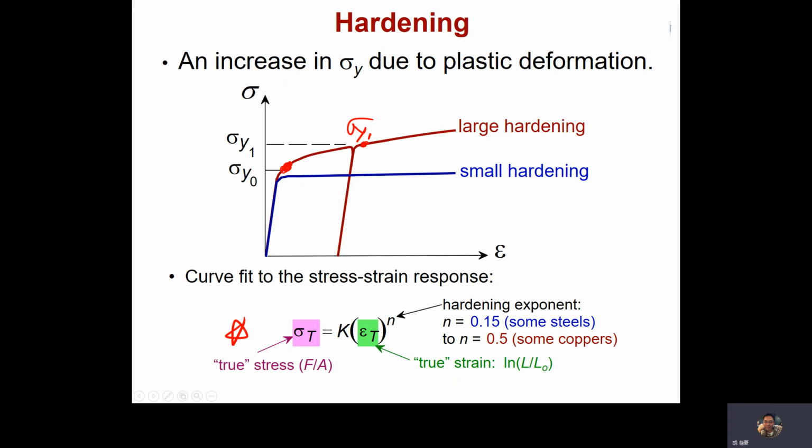And if the curve is fit to the true stress and strain response, we get an equation like this. Therefore, the true stress equals a constant times the true strain with an exponent. K means materials property.